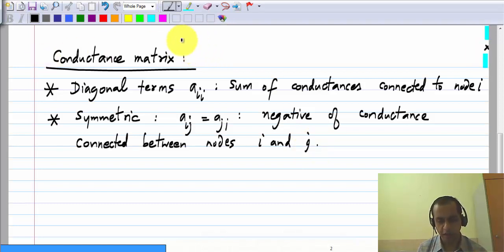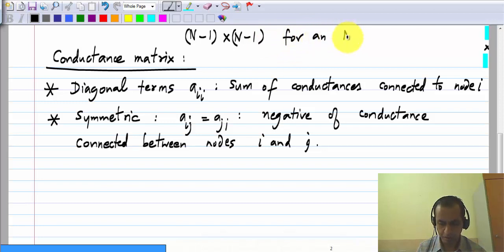Let me also add that for an n node circuit, the conductance matrix will be n minus 1 times n minus 1. It's a square matrix. Okay.